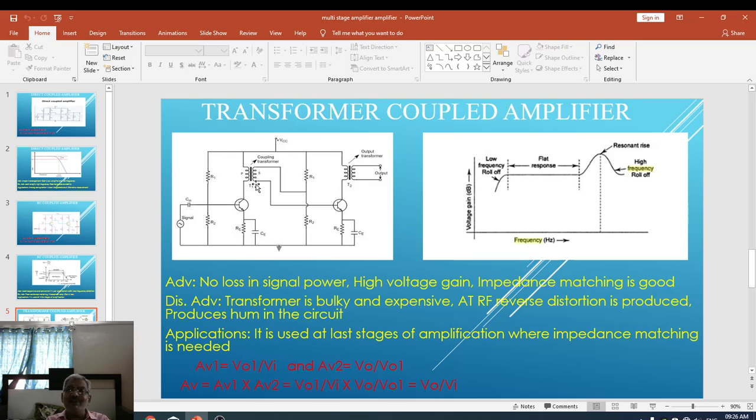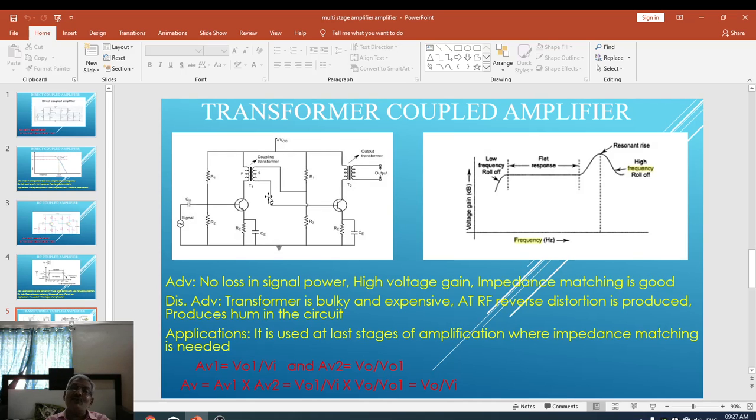When there is inductance, there are a number of windings, and in between two windings there is an inter-winding capacitance. This capacitance and inductance can act as an LC circuit. Whenever the frequency of the input signal becomes equal to the frequency of the LC formed by the transformer, there may be a sudden rise in output voltage.